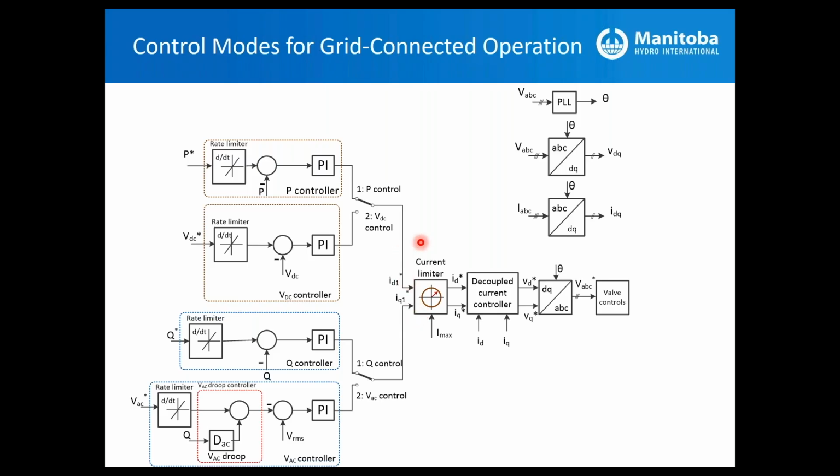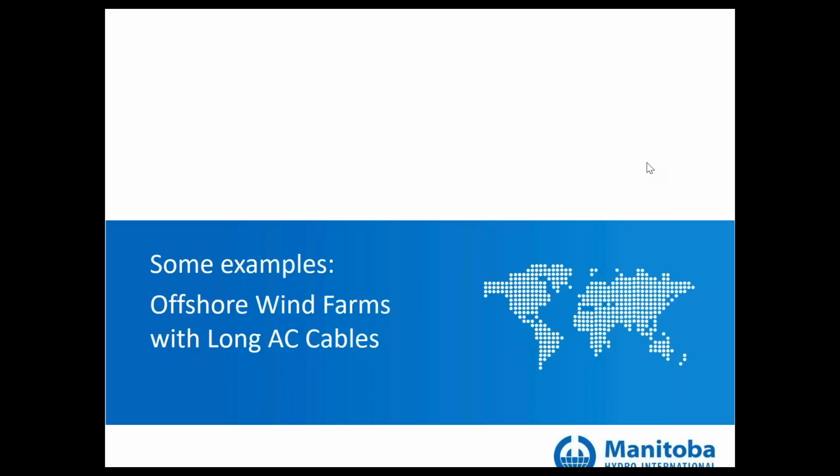If, because of any disturbances or transients, the reference phase angle calculated by our synchronizing mechanism contains an error, then the values that our controllers are demanding from the current control loop, even though they might correspond to the correct values of active power, may not be translated into active power because there is an error in the phase angle. So with that introduction, let's go and have a look at some examples.